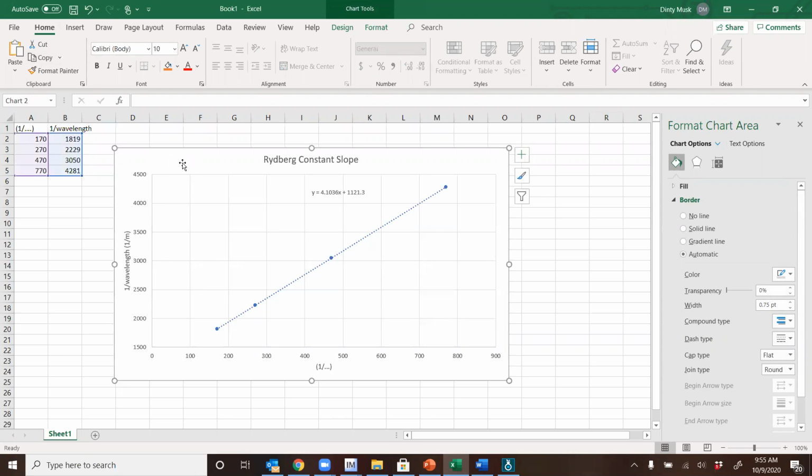And then after that, you can paste it in as a last page into your PDF. So you could paste it into a Word document, or just paste it in as a last page in your PDF, so that I know that you did this calculation to get the Rydberg constant.